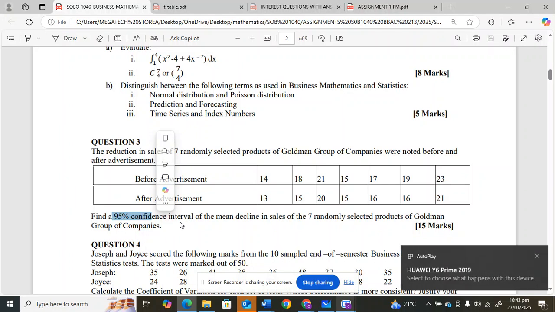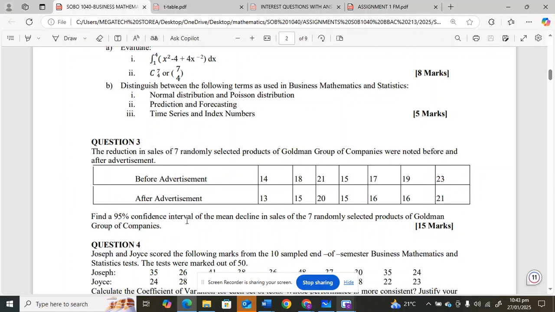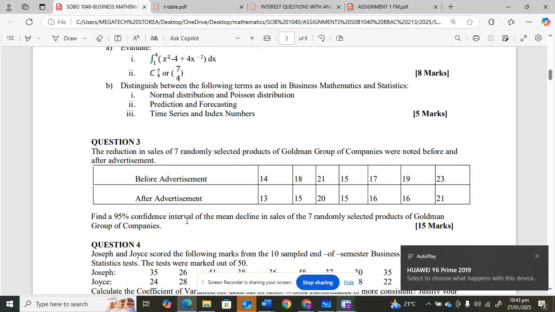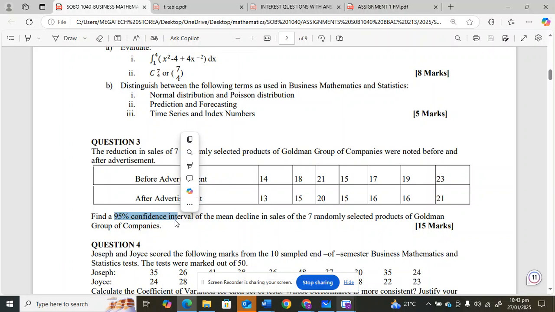Let me repeat myself again. We want to find the range of the drop in sales. Because they're saying with a 95% confidence interval, it means if you conduct this test 100 times, 95 times, the drop in the sales of this product is going to be found in the range that we are trying to calculate.